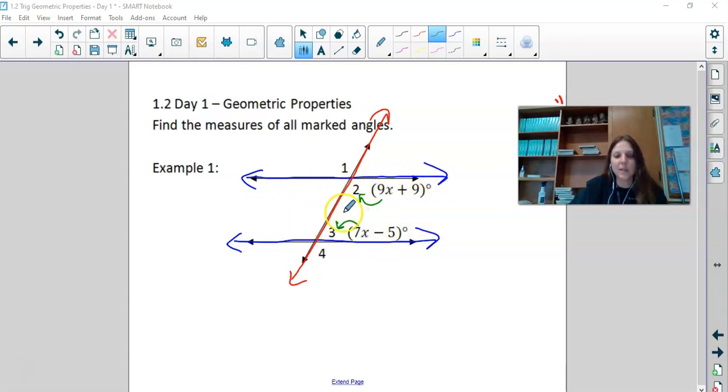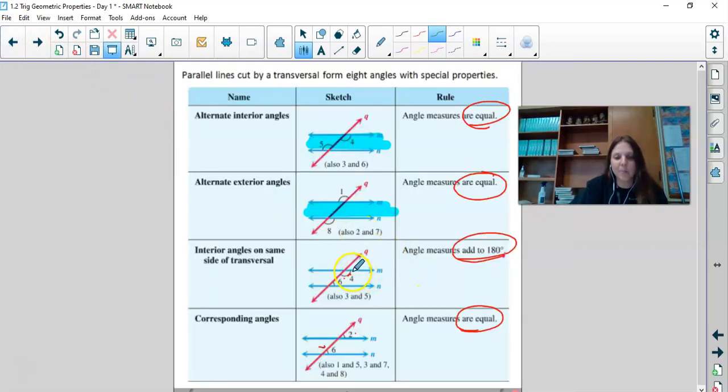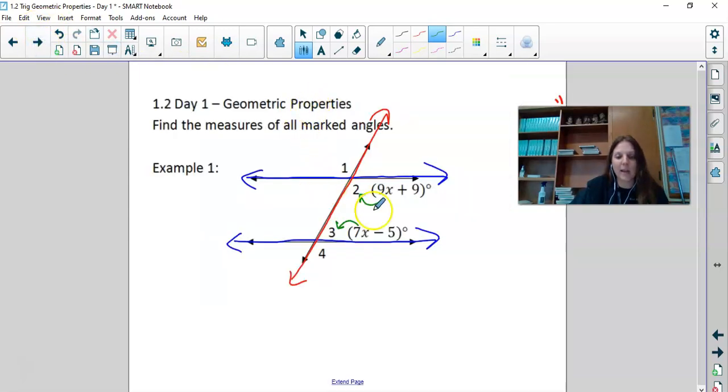And also, you'll see that they are not alternating across the transversal. They're on the same side. So according to my geometry properties, if they're on the same side of the transversal and they're interior, they're going to add up to 180. So I'm going to go ahead and take the two angles and add them up to 180.